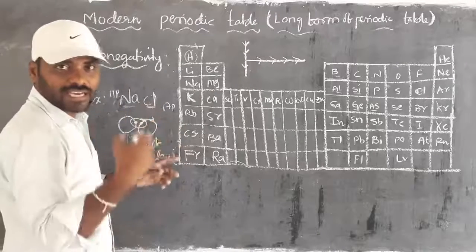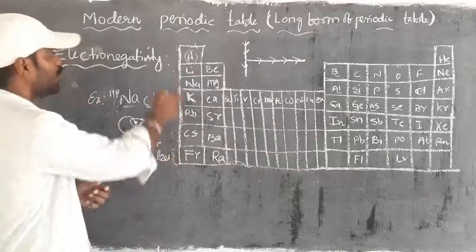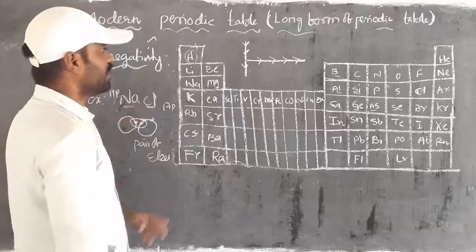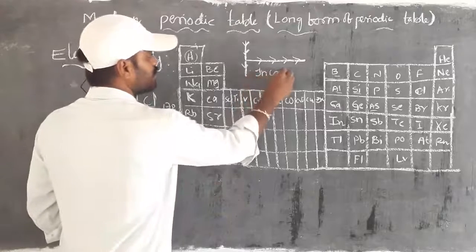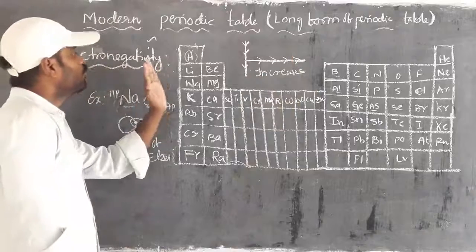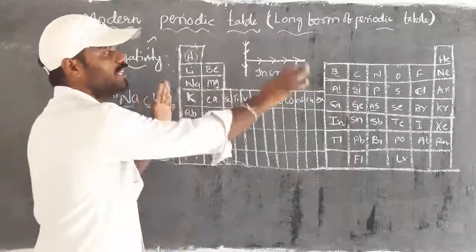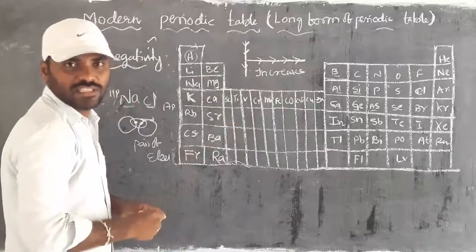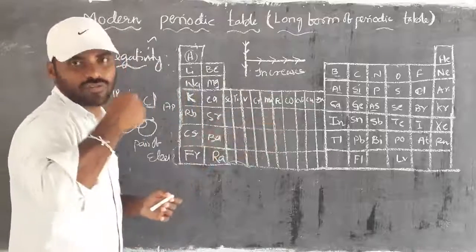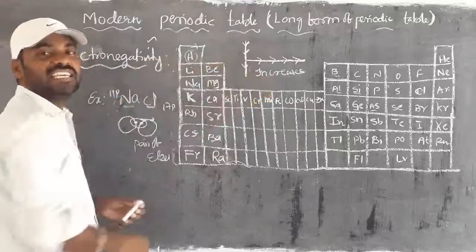So the attraction of a pair of electrons by the nucleus of an atom is called electronegativity. Electronegativity increases across periods, because moving from left to right in the periodic table the atomic size gradually decreases, and when the atom is small it is ready to attract electrons.